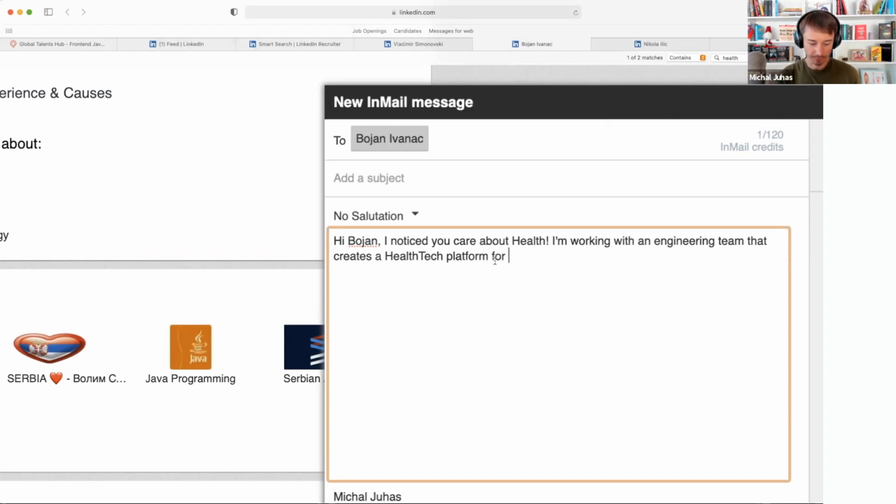Platform for daycare providers in the UK. Disabled people or seniors. A really cool health tech platform for daycare providers in the UK.